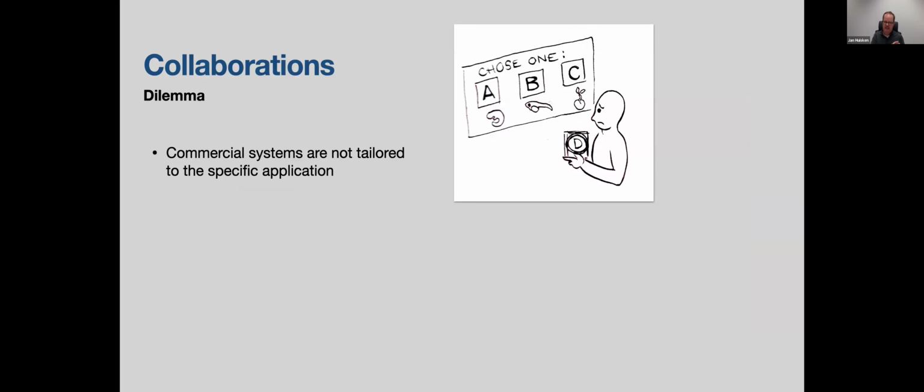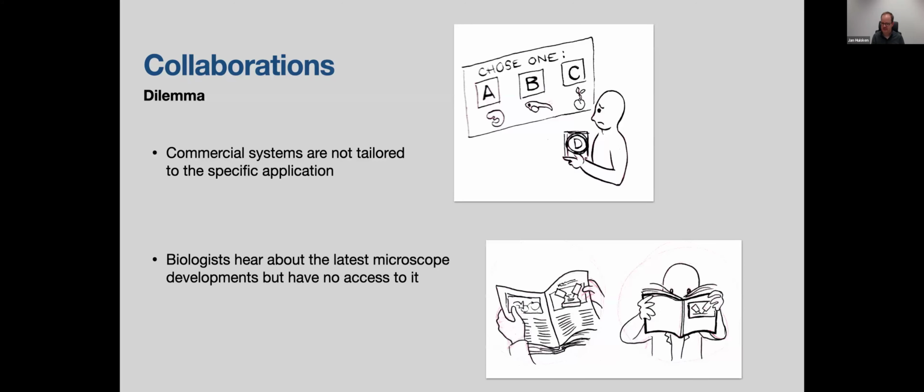And so as commercial setups are usually not tailored for specific applications, we can also suddenly collaborate with people that are generally left alone, that just don't have a commercial system that would fit their needs, right? And as I said, oftentimes you can read about cool instruments, but it's not easy to get access to those.